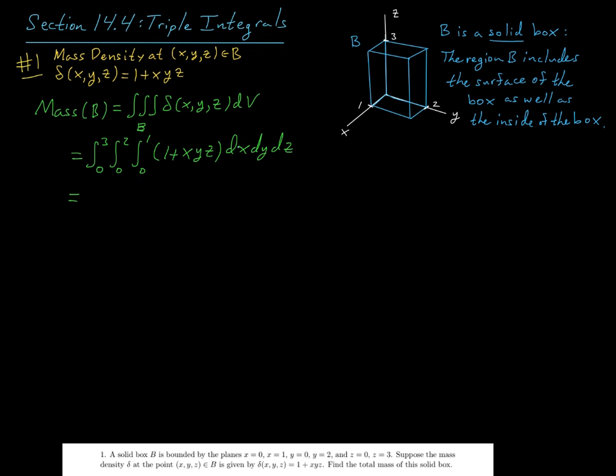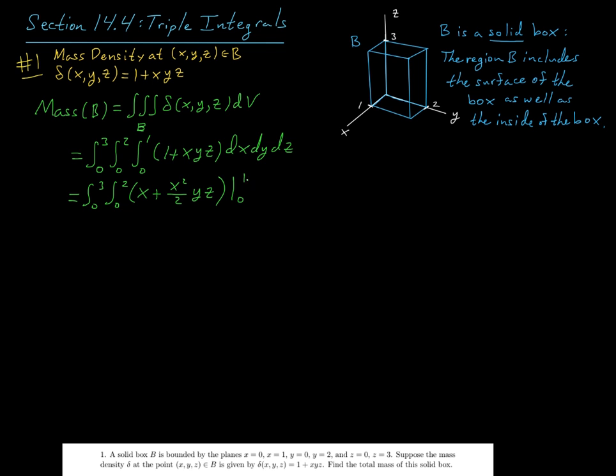If I want to compute, say, the x integral, now y and z are held constant and you integrate with respect to x. So let's do that. The x integral here would be x plus x squared over 2, and then we have our yz, which are held constant.